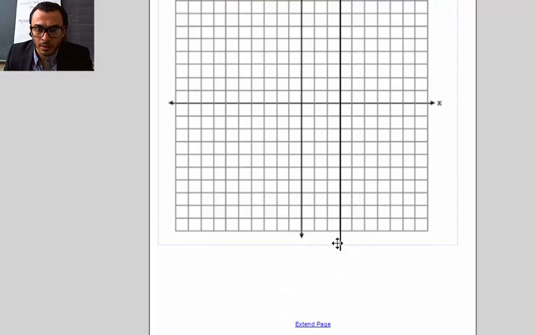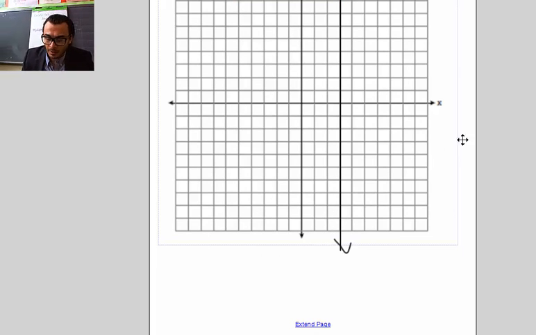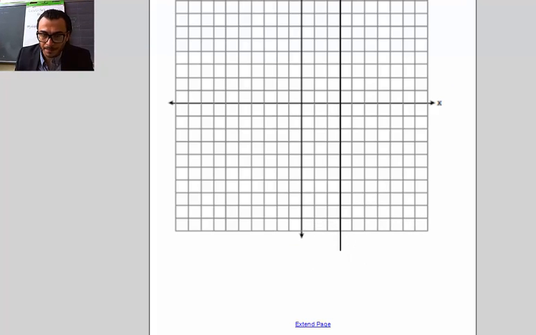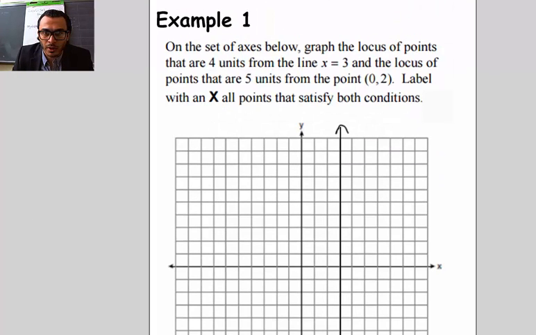So that's why it's a solid line for me. That's supposed to be an arrow. Let me do that again. So there's a line x equals 3. Okay, then we're also given a point, the point (0, 2). So let's go ahead and plot that. (0, 2) is right over here, and you always want to label your points. So that's the point (0, 2).